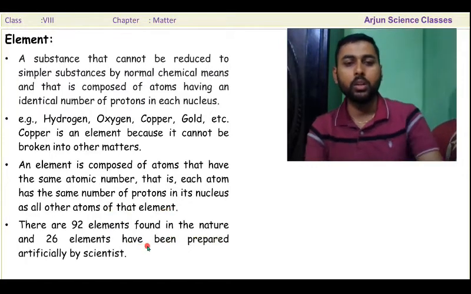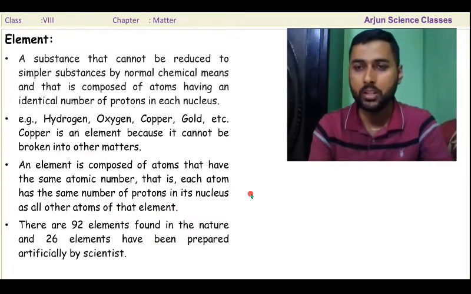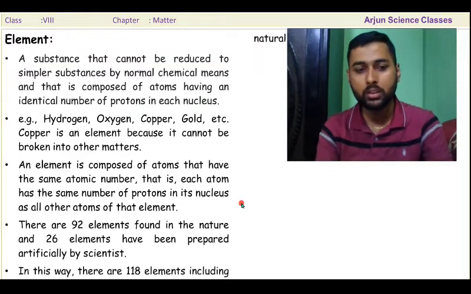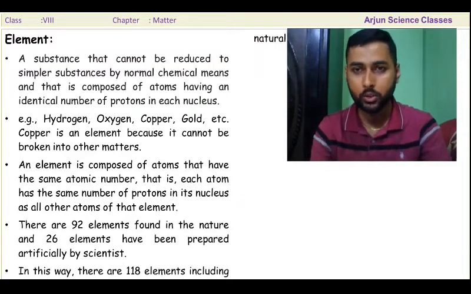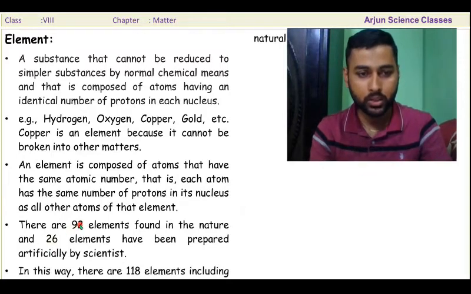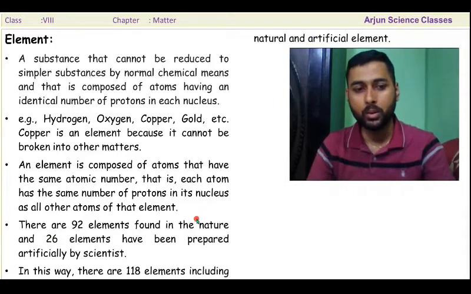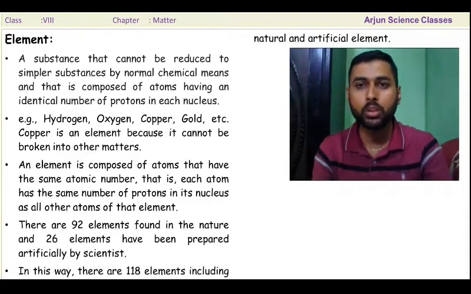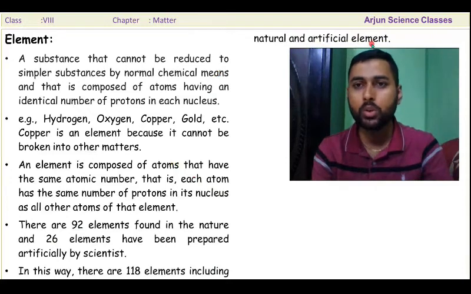There are altogether 92 elements found in nature, and 26 elements have been prepared artificially by scientists, so 92 plus 26 is altogether 118 elements, including both natural as well as artificial.